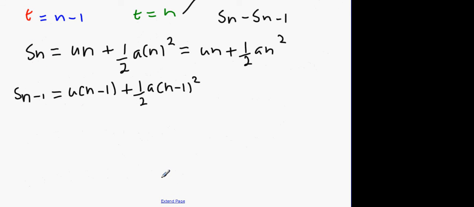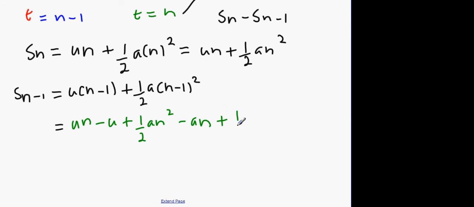I'm just going to write out the answer for this. It's going to be un minus u plus a half an squared minus, when I square this out, it's going to be minus 2n, and then 2n divided by 2, which is going to give you an. Yes, minus an, and plus a half a.